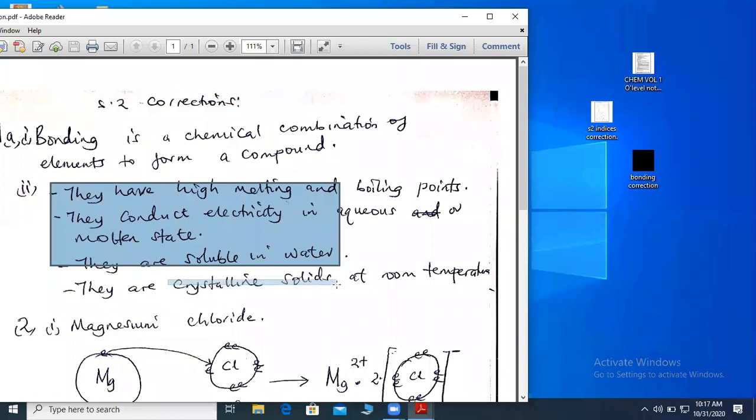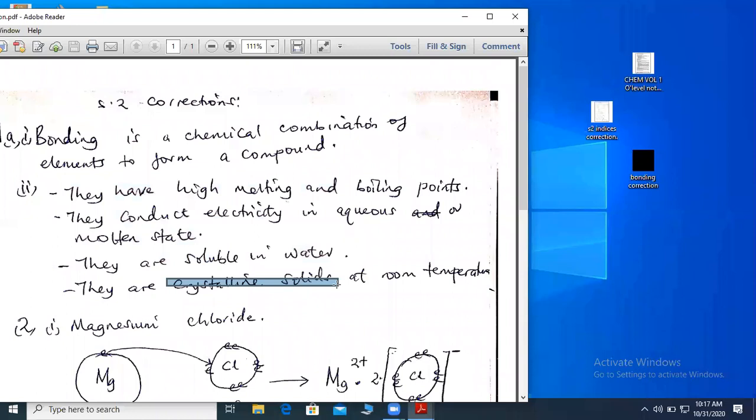All compounds that are formed by ionic bonding, sodium chloride, sodium oxide, calcium oxide, magnesium oxide, all of them, are crystalline solids at room temperature. Crystalline solids at room temperature, I mean that room temperature means that temperature where you have not cooled and where you have not heated.